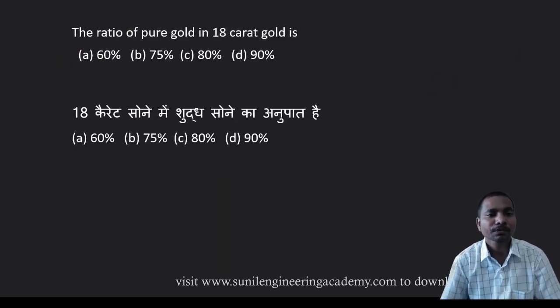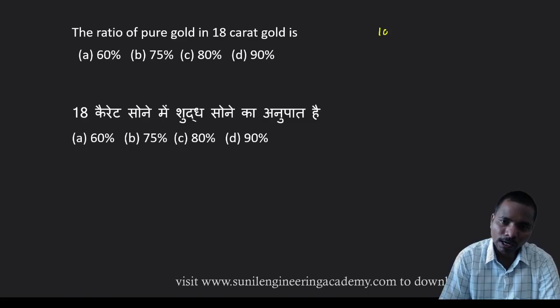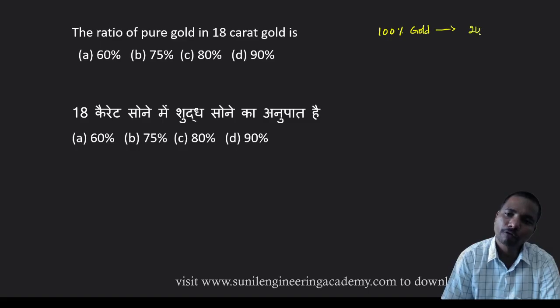Coming to the next one, the ratio of pure gold in 18 karat gold is dash. Very repeated question. We know very well 100% gold is said to be 24 karat.